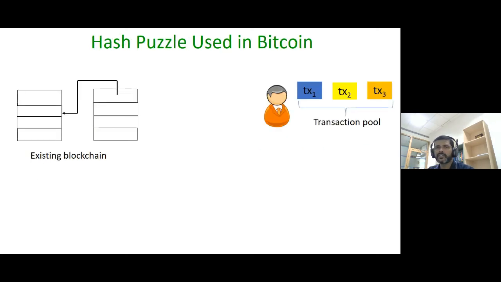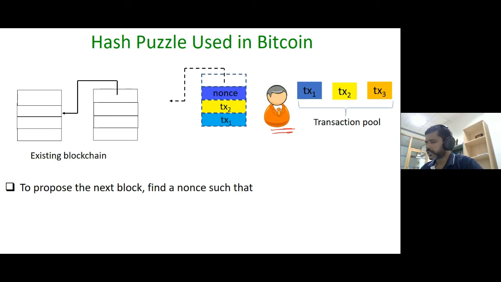So what is the hash puzzle used in the context of Bitcoin mining? Imagine I want to get elected to propose the next block in the blockchain. And I have this transaction pool. These are the set of transactions which I want to clear. Of course, one of these transactions will be the reward transaction, where I would be paying myself 25 BTC.